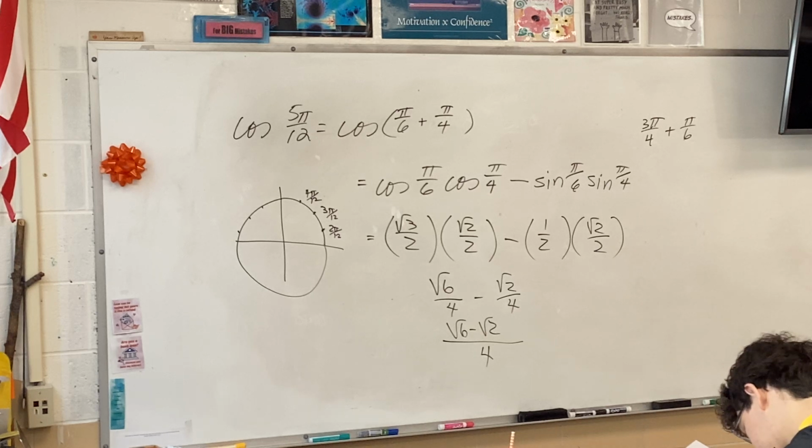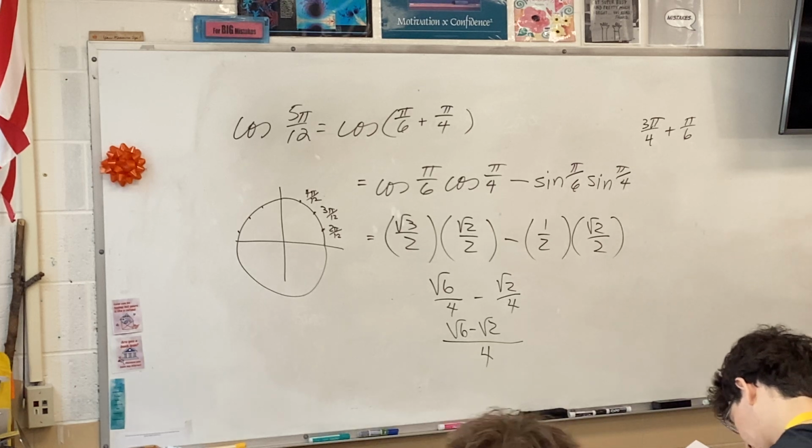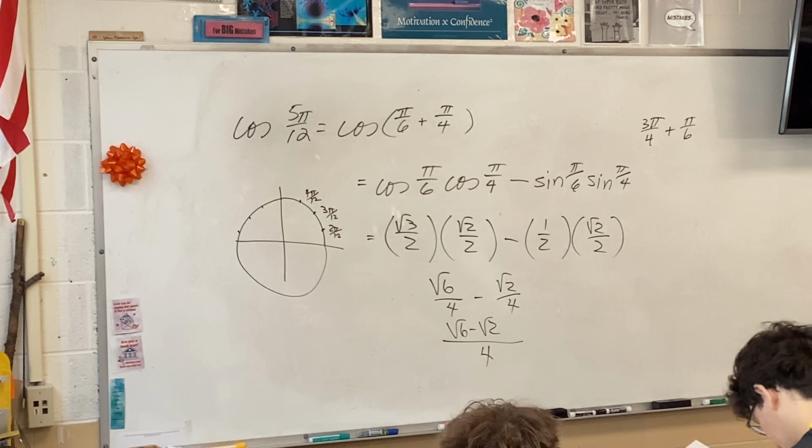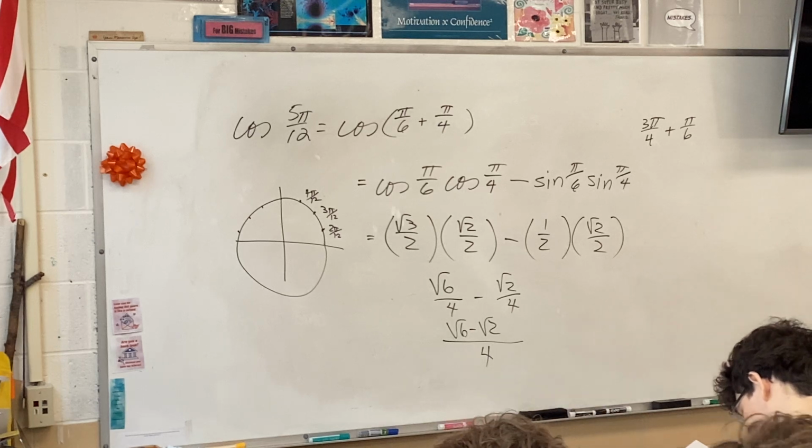Can't do anything with the sine of x. That's just sine x. But the cosine of 11 pi over 6 is root 3 over 2. On number 9a, on the review sheet that we started yesterday.